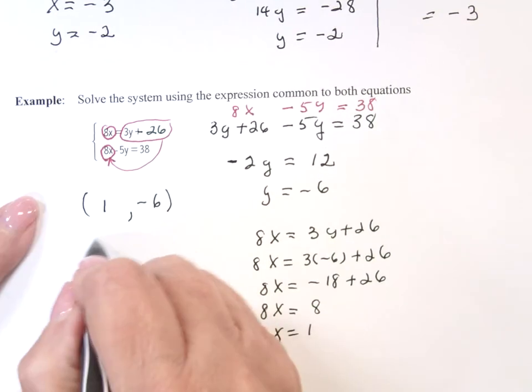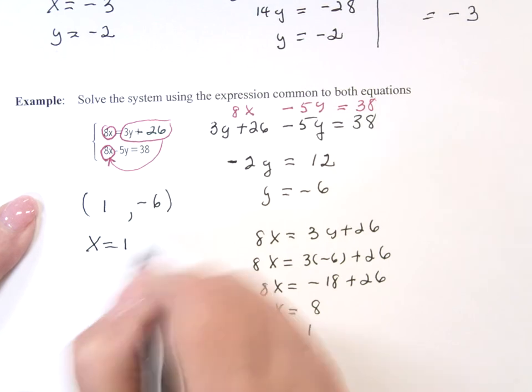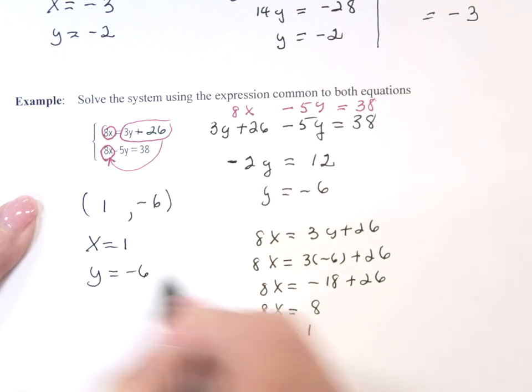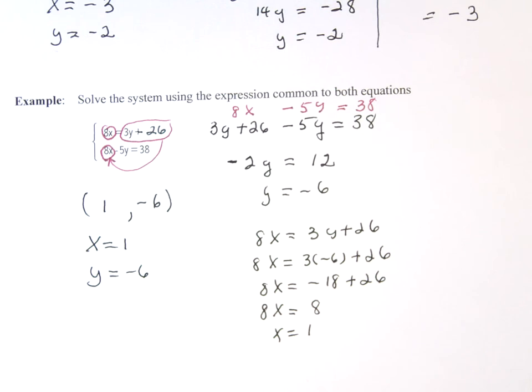So what we have is x equals 1, y equals negative 6. Or the coordinate point 1, negative 6.